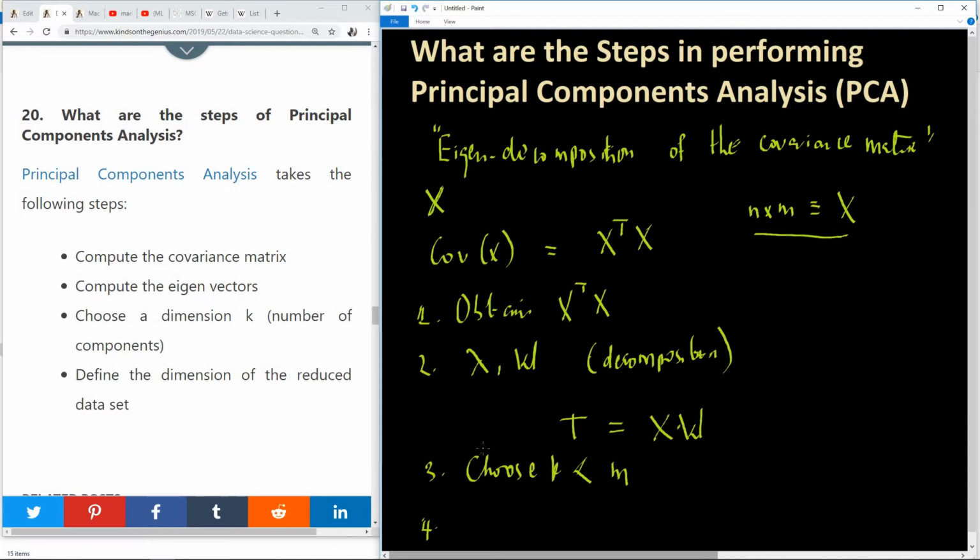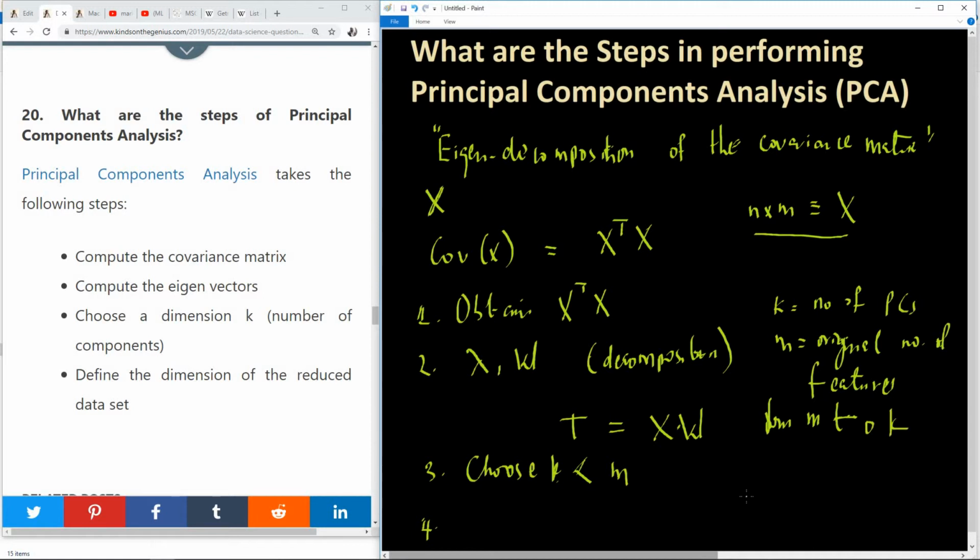K is now the number of principal components, or PCs, while M is the original number of features in the original data set. So at this point, you've actually reduced from M to K.